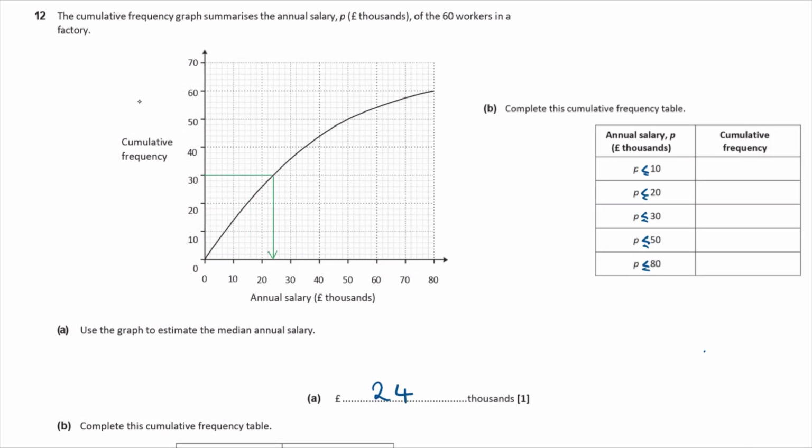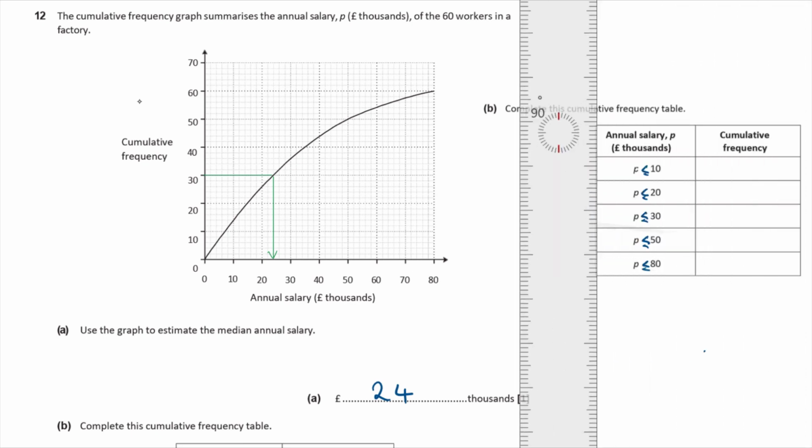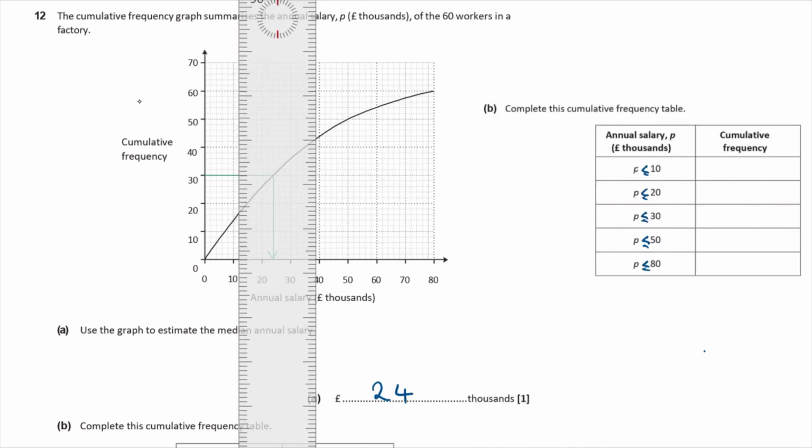Okay, part B says complete this cumulative frequency table. So we need to work out how many are less than each of these values. So we just need to repeatedly read across from the graph then and fill this in. So less than 10, we need to read up from the graph and across. So up from 10 until you hit the curve and then across. I'll just show you the first one, what I'm doing.